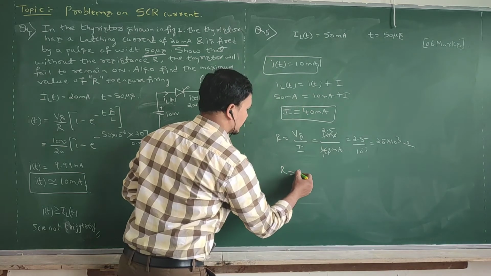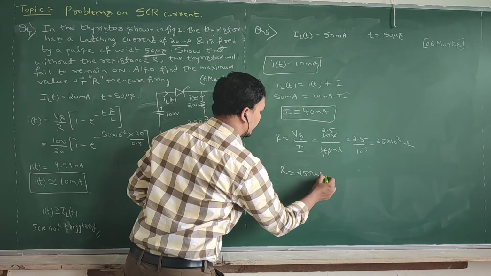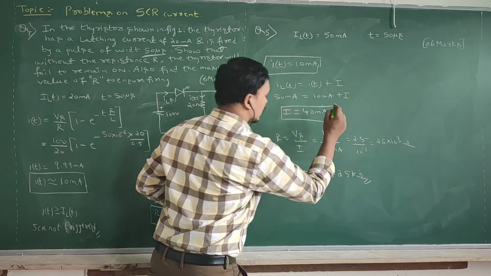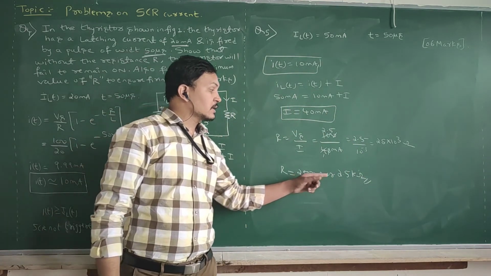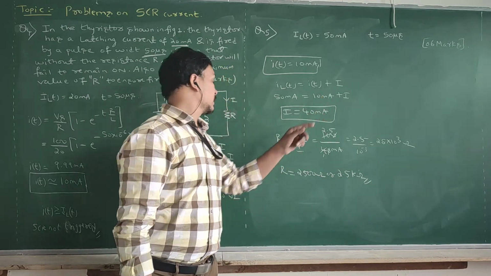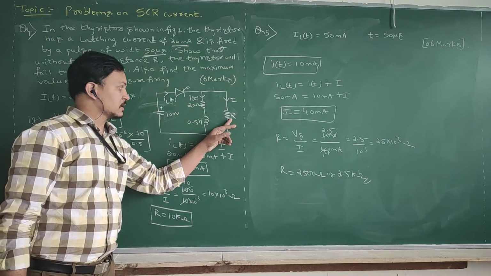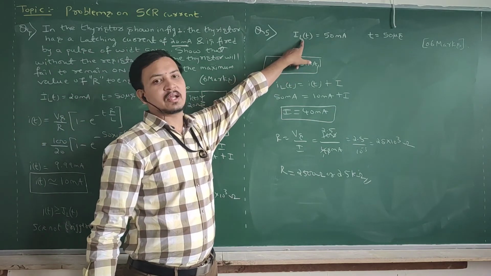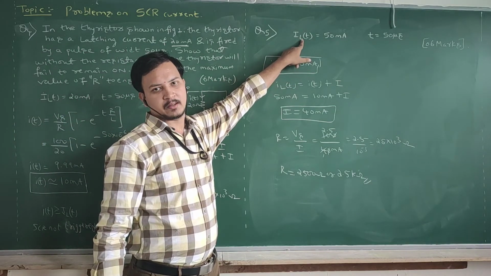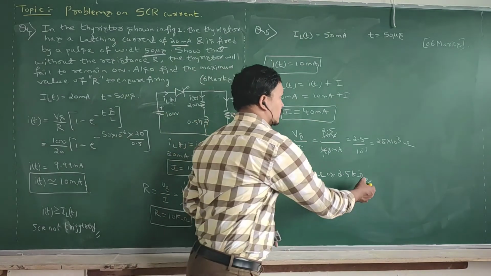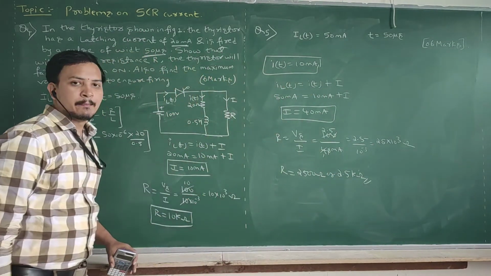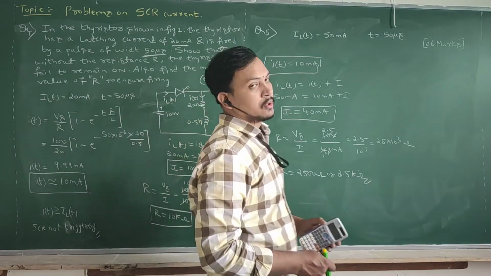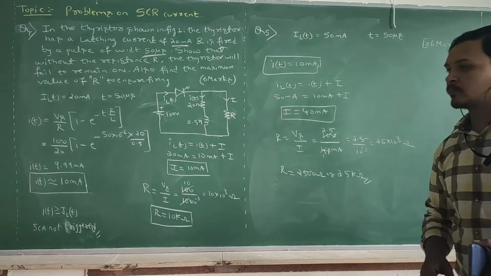Therefore, the shunting resistance is 2500 ohms or 2.5 kilo ohms. If I connect this resistance across the load, then the SCR is triggered to get 50 milliampere. Got it, guys? Both problems are important and almost similar; in the second case I have changed the data. Now we can go to the next problem, question number 6.